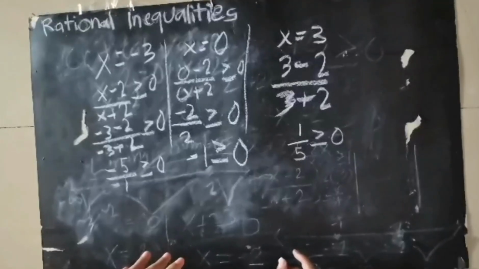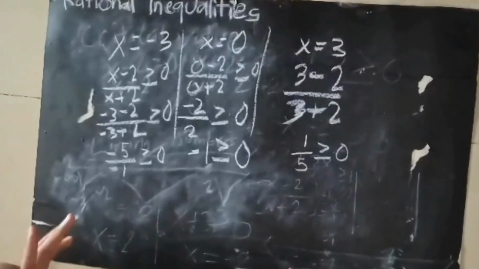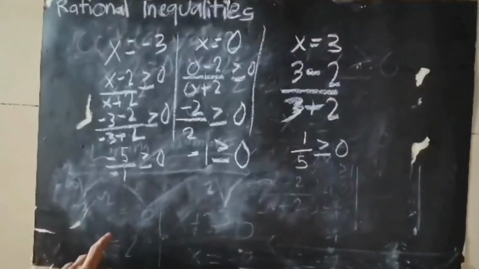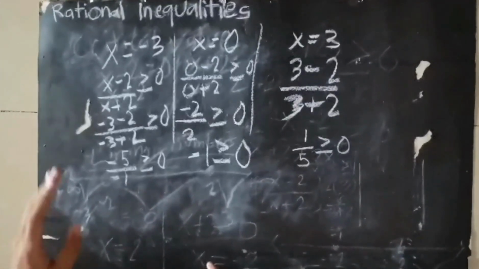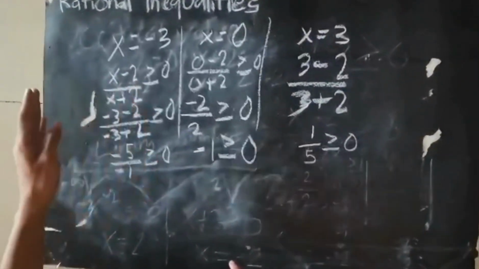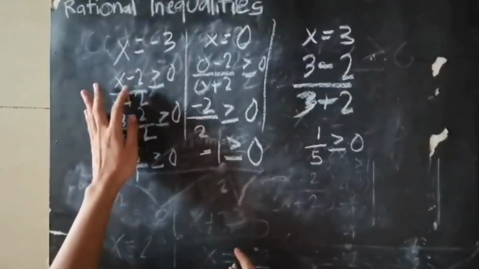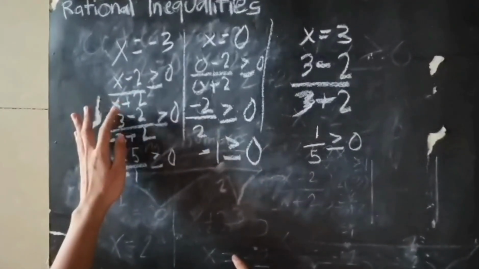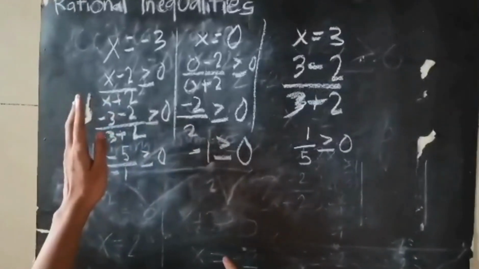Go on to the next step, which is to indicate and test each of our intervals. So first, we're going to test our interval at negative 3. By doing that, we're going to use our general form, negative 2 and positive 2, in our equation of the rational inequality.